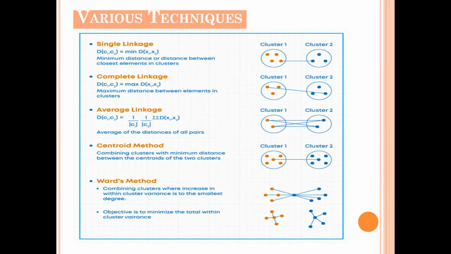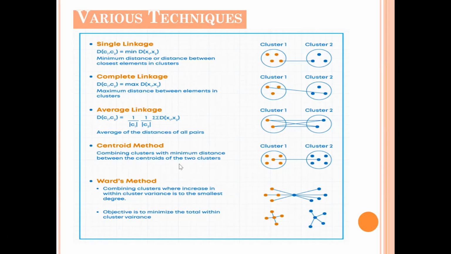In the average linkage, we will find the average of the distances of the data points. Of any pair, we will find the average among them and then we will find the minimum value among them. We will understand all these linkages in depth again. So don't worry, for now we are just gaining a little knowledge about these techniques.